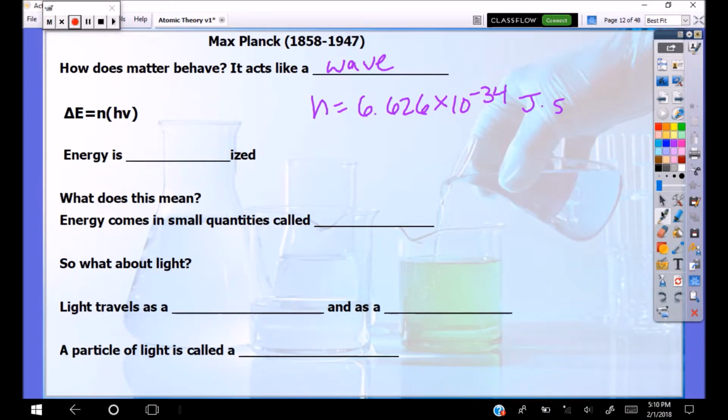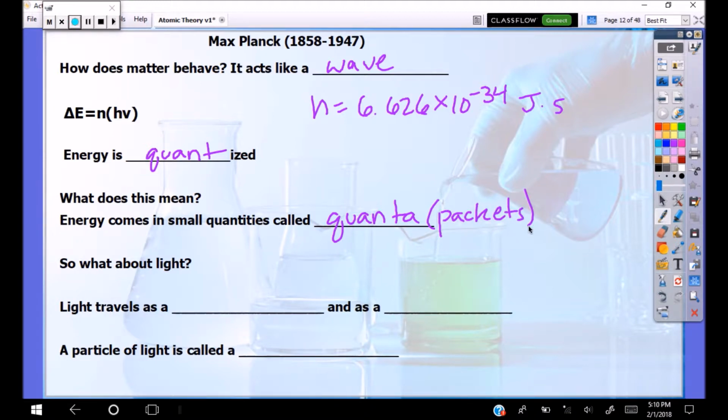Now the energy is quantized. Quantized meaning that the energy comes in small discrete packets. Those packets are called quanta, and we're going to treat them like packets of energy.